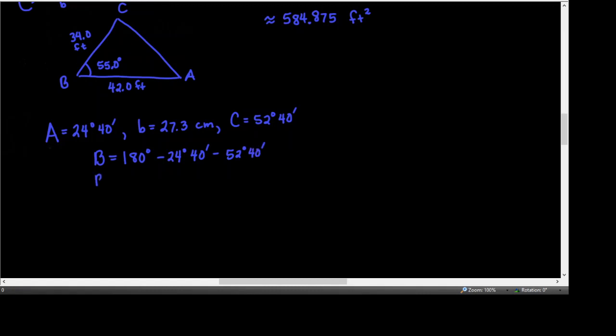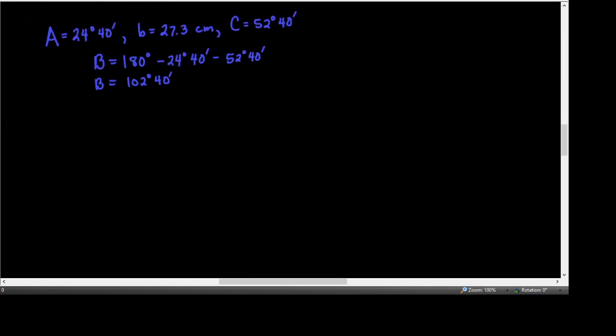And when you do that subtraction, you should get 102 degrees, 40 minutes. And that was an easy thing, so I just kind of did it without really thinking about my strategy for this problem more long term.